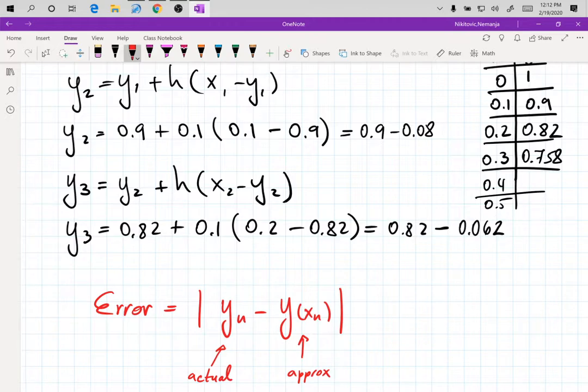Now again, you can't compute the error if you don't have the exact values, right? For exact values, you would have the solution, which was the equation or a function, but then you would never do numerics if you had the other one, right?